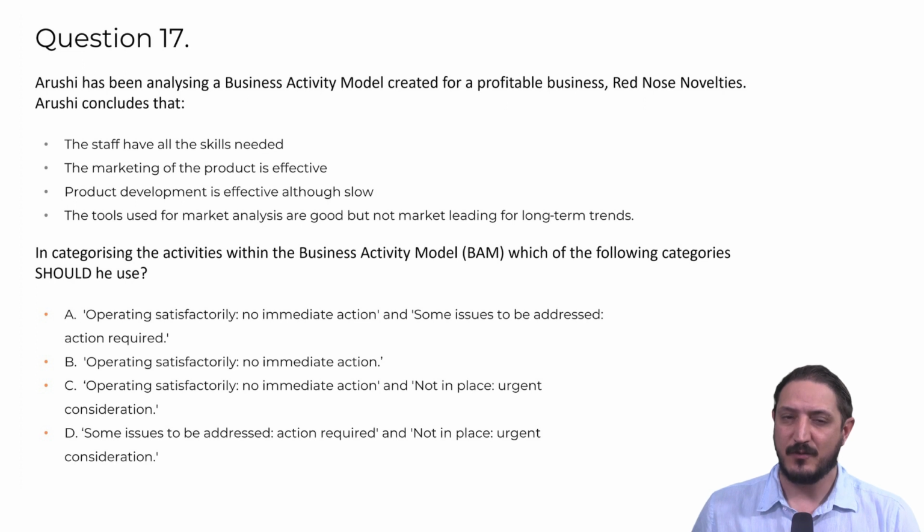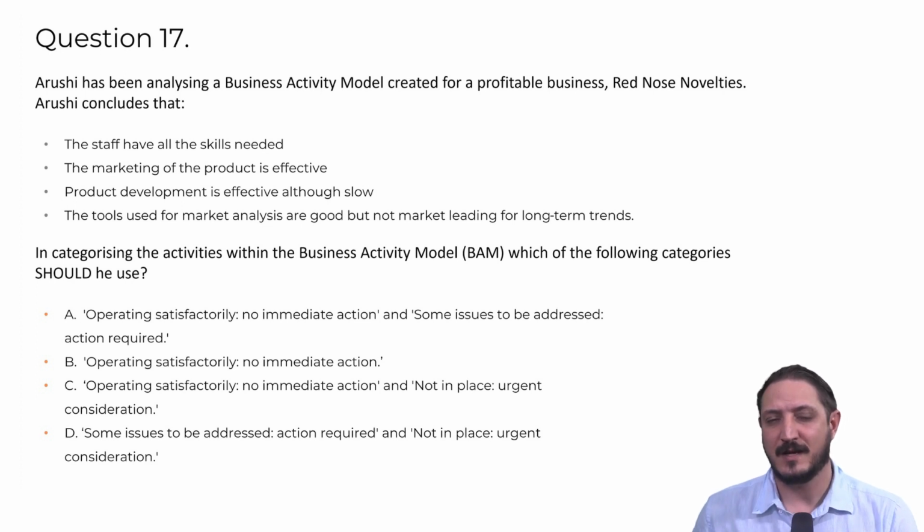Okay, so first off, if we think back to our studies and we think about categorizing business activity model activities, there are categories. We know that business activity models are primarily utilized to identify various stakeholder perspectives on a particular organization.